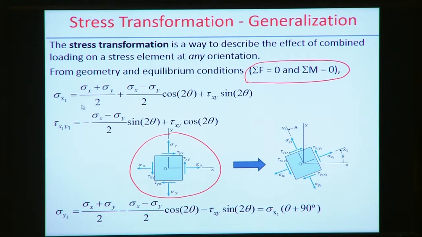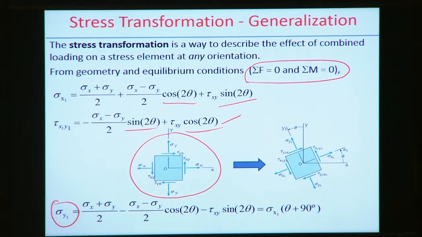On the new or transformed axis system, we can find sigma x1 in terms of sigma x, sigma y in angular form, and tau xy. Similarly, we can find tau x1y1 in terms of sigma x, sigma y and tau xy. We use the geometric configuration, knowing the orientation angle theta, and we can find sigma y1 also.